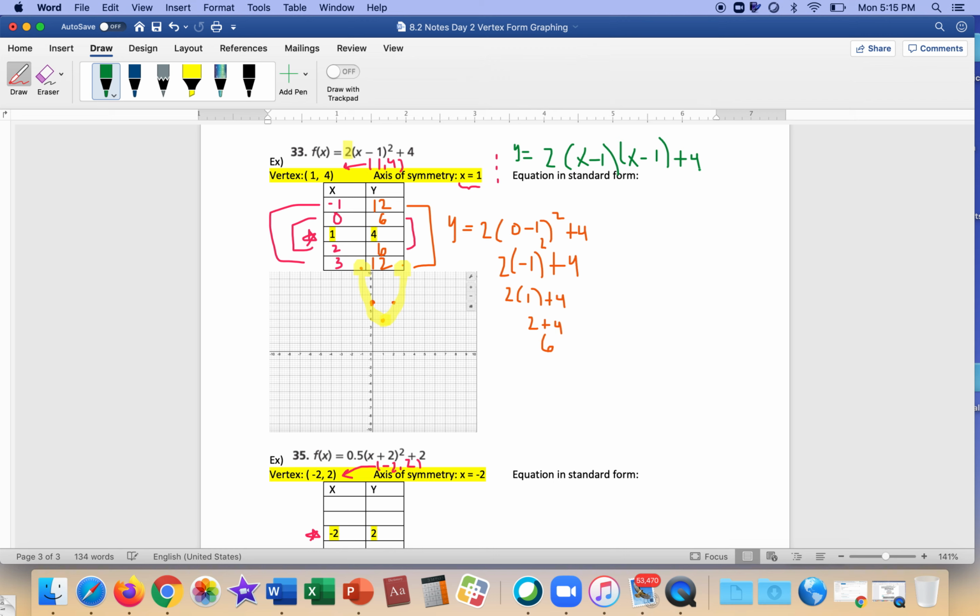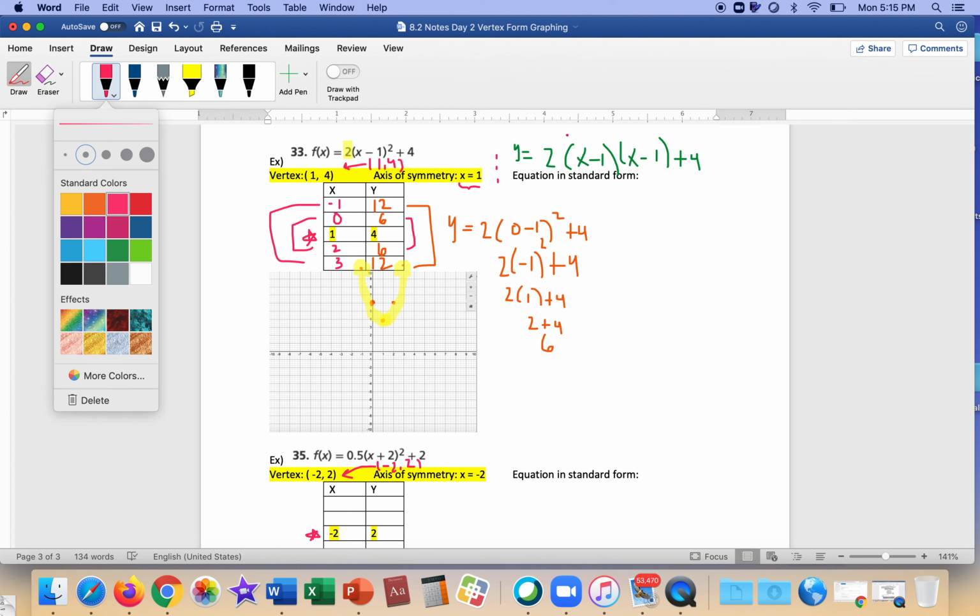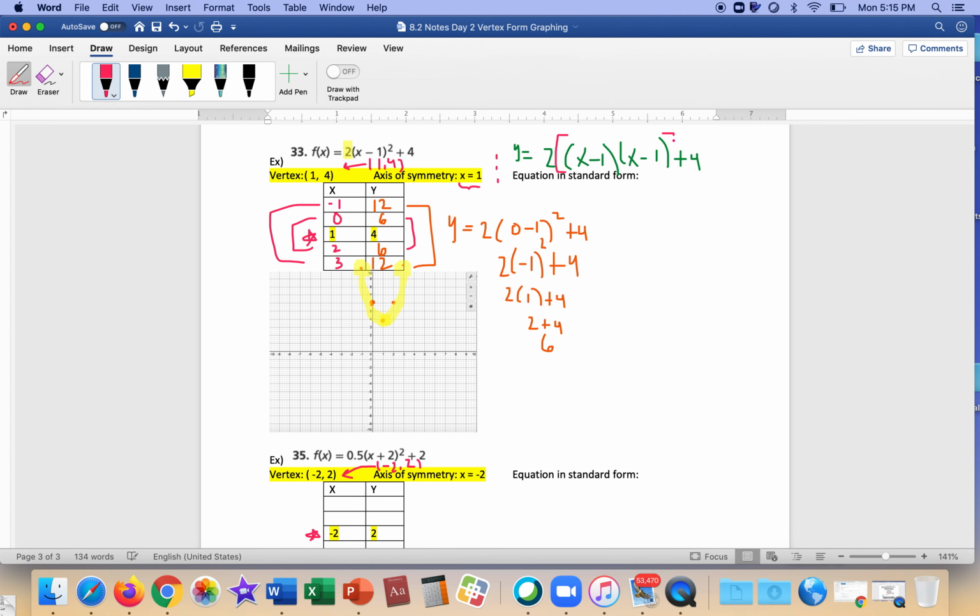We then are going to FOIL in the center. If you did x times x, x times negative 1, negative 1 times x, negative 1 times negative 1, we would end up with x squared minus 2x plus 1.